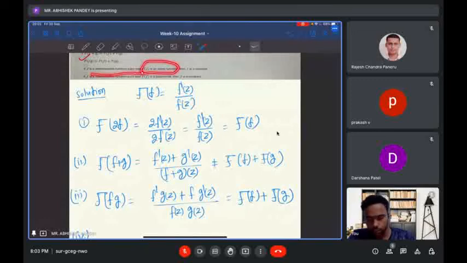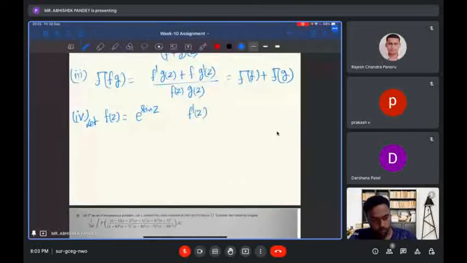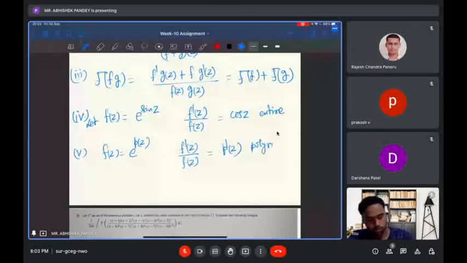Let f(z) equal e to the power sin z. And for the fifth we will take f(z) equal to e to the power p(z). So options fourth and fifth are also not true.